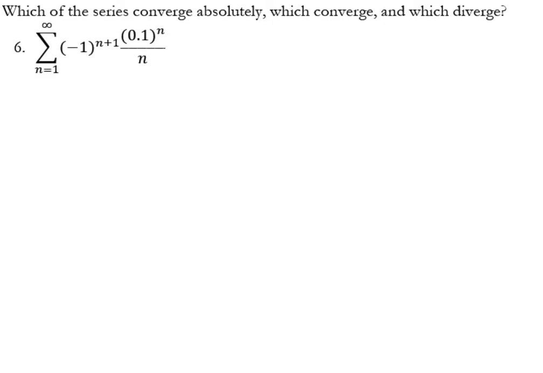So here's one final example of what we would like to do in implementing the process of testing any series. You notice that we have an alternating series, but before we do that, we just want to give a mental check to make sure that the nth term test doesn't fail us.